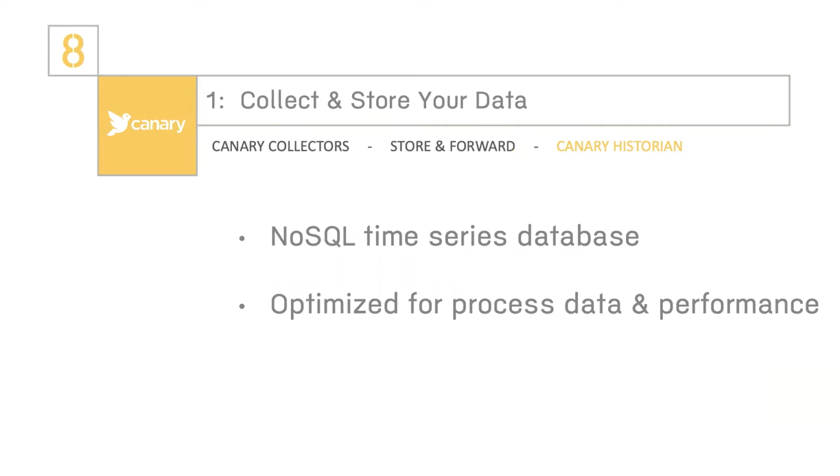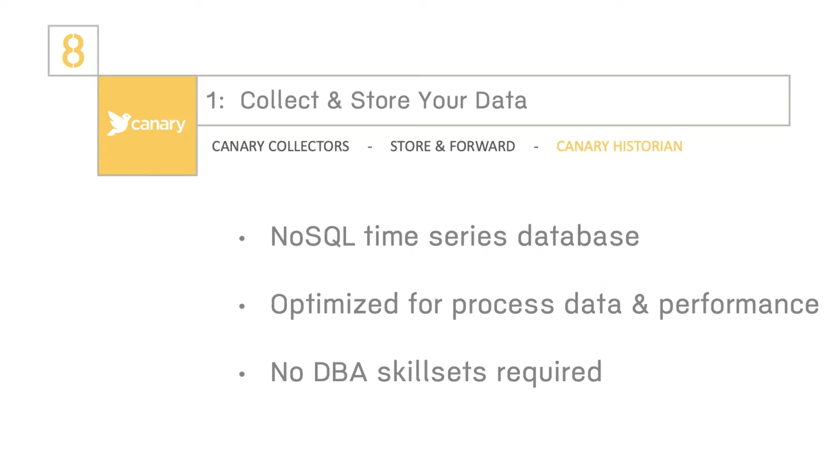It is optimized for process data, so it works well with the kind of manufacturing data that we're used to that gets generated by manufacturing environments. And the best thing is, you don't need special database administration skills to maintain and keep this database up, because it uses a NoSQL solution.